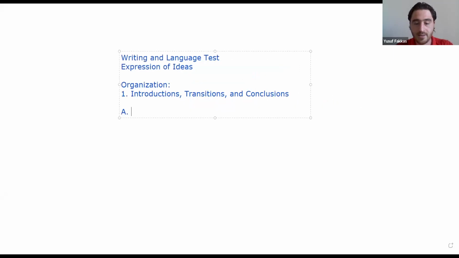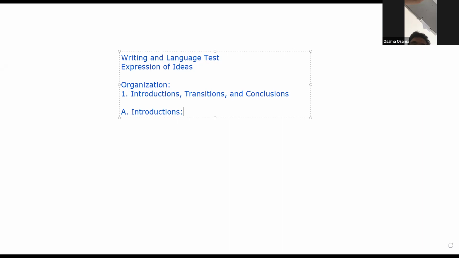Okay, A, introductions. We already talked about the introduction of the whole passage and the introduction of one paragraph, right? Well, what do we call the main idea of one paragraph? The main idea of a paragraph is called what? Thesis.